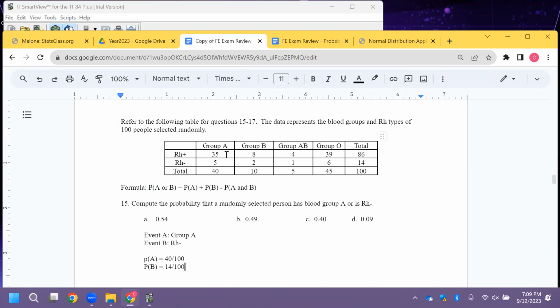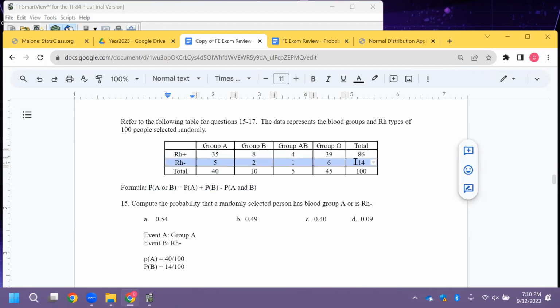Okay, so here I'm going group A and then RH negative as well. When I do that, I took group A, 40 out of 100. I did RH negative. How many times did this 5 cell get counted? Twice. It got counted when I was going this way, and it's getting counted when I go that way.